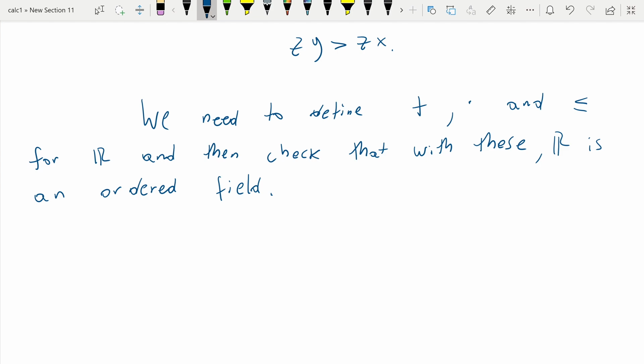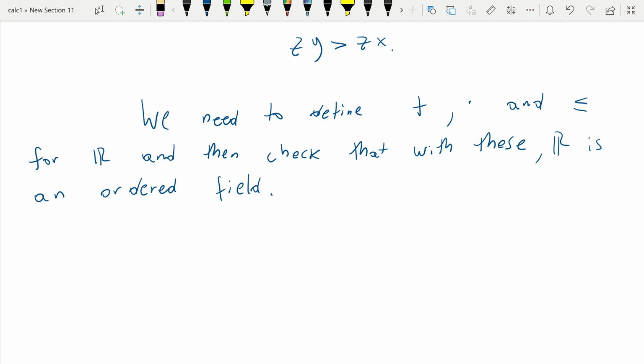So when we consider this new plus, this new product, and this new ordering, then if two numbers p and q in Q satisfy that p is less than or equal to q, then the corresponding sets inside the reals satisfy that they are ordered in the same way for the new order less than or equal that we are about to define.